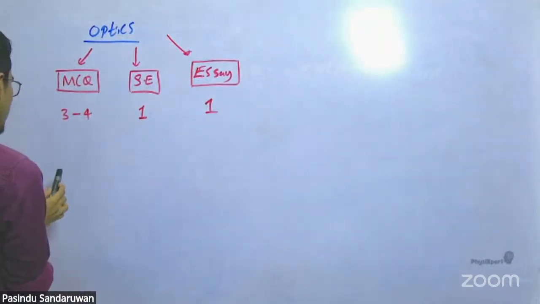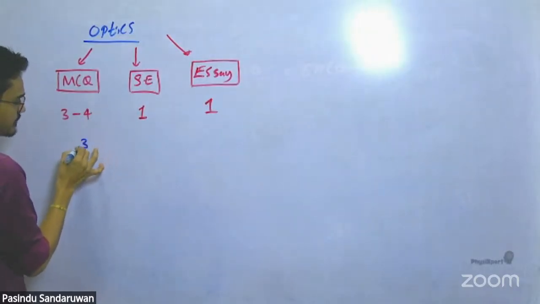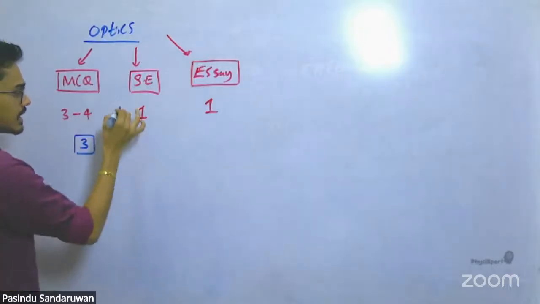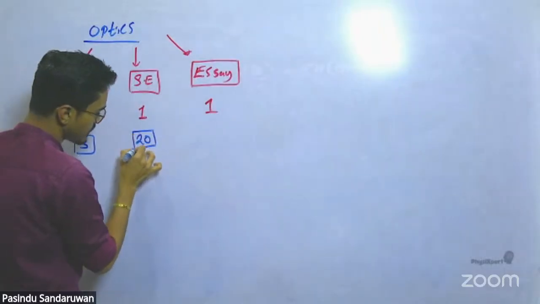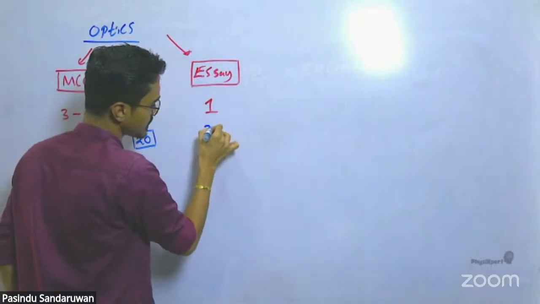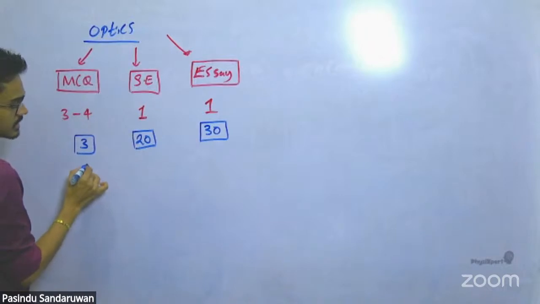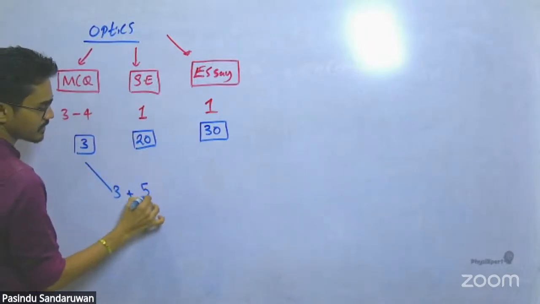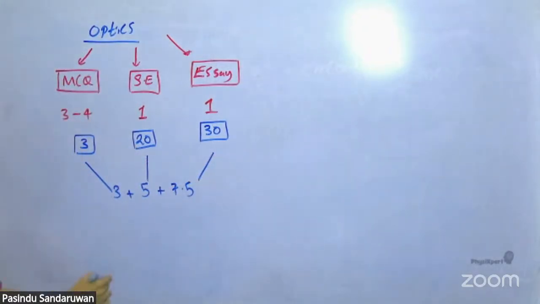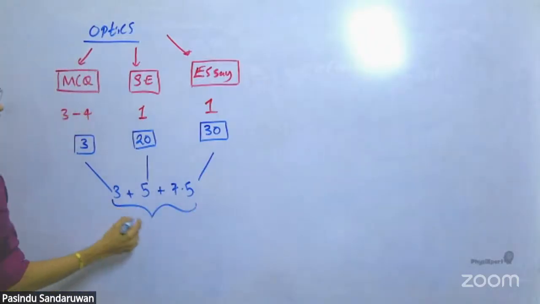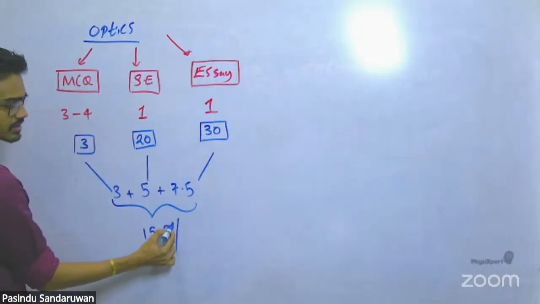In terms of marks, 3 to 4 MCQs means, let's say, 3 marks if we consider the lower end. One structured essay is 20 marks from 200, and one essay is 30 marks from 200. When taken down to 100, this is 3 marks, 5 marks, and 7.5 marks from 100, altogether around 15.5 marks from 100.